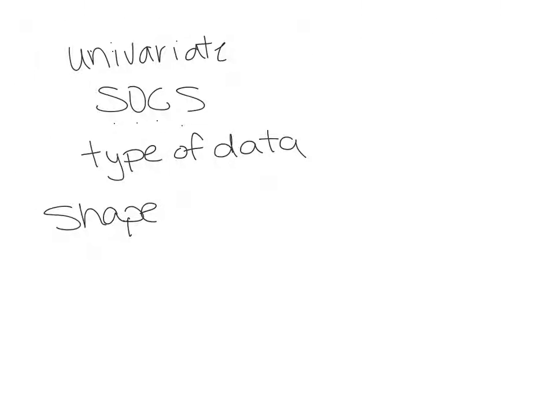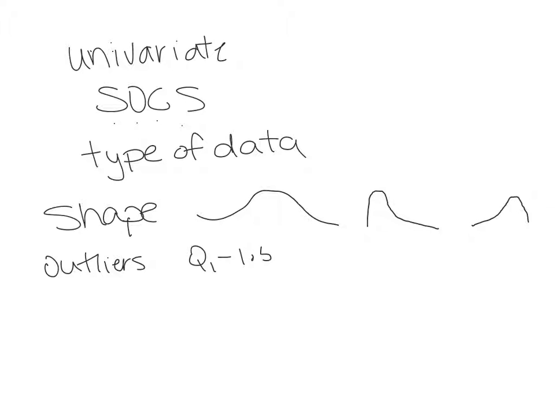So now in the shape, the components: symmetrical looks like this, and then skewed, we've got where the data is all clumped up on one side or all clumped up on the other side. All right, for the outliers, the two formulas are Q1 minus 1.5 times IQR, and Q3 plus 1.5 times IQR.